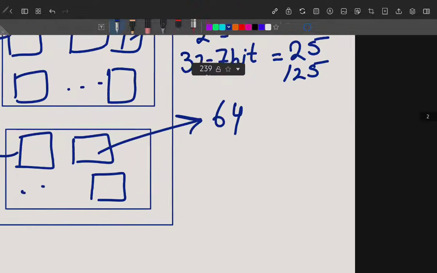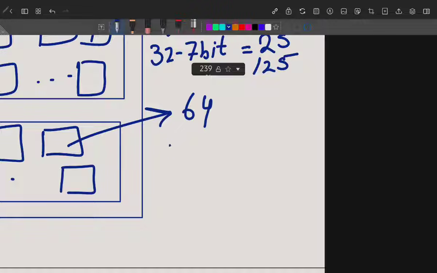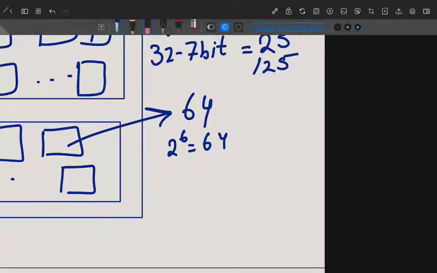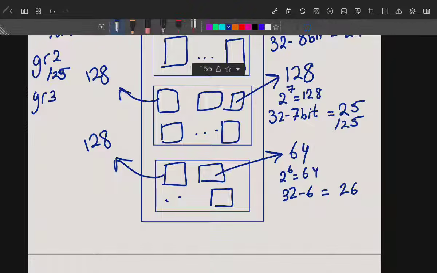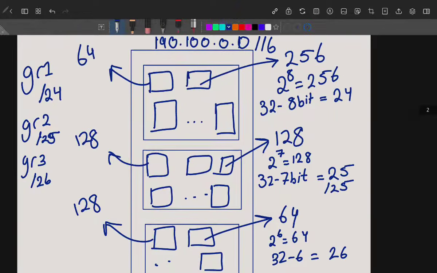Now let's do group 3. Your third group: 2 to the power of 6 is equal to 64. Again, 32 minus 6 is equal to 26. So we'll have group 3 as /26.